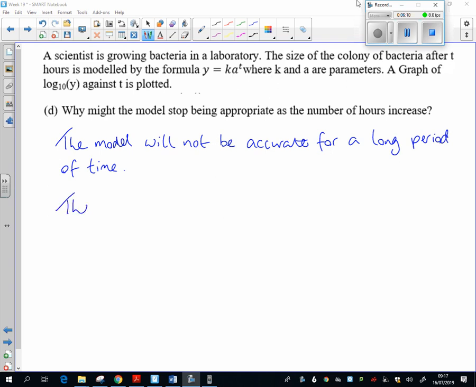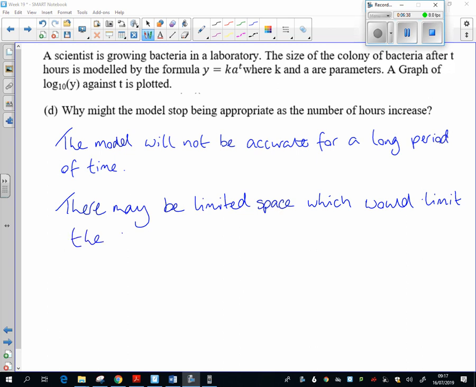So there may be limited space, which means the number of bacteria, sorry, not really mentioning the number of bacteria, it's just the size. So let's use the same words that they use. So there may be limited space, which would limit the size the bacteria can grow to.